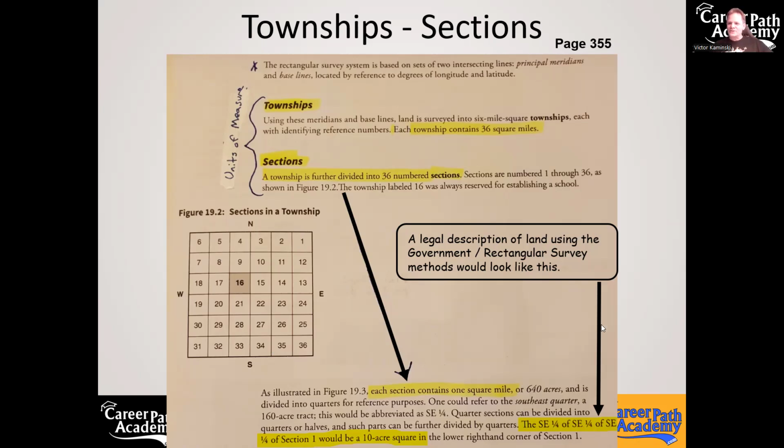A legal description of land in the government survey system would read the southeast quarter of the southeast quarter of the southeast quarter is 10 acres in size. Okay, it's a little bit different than the legal description in a metes and bounds section, which begins the measurement at a definite designated point called the point of beginning and does a measurement of distance and direction around the property.